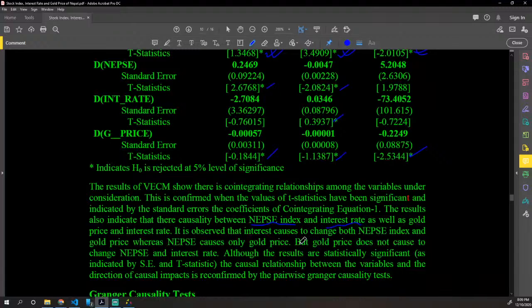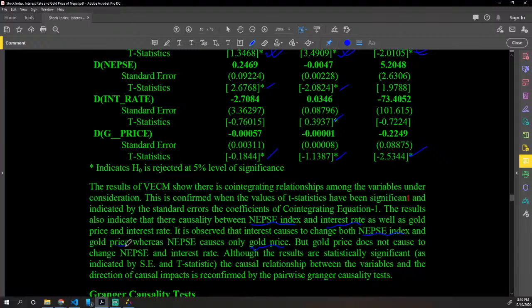So it is observed that interest rate causes change in both the NEPSE index and gold prices, whereas NEPSE causes only gold prices. Interest causes change in the NEPSE index, and gold price basically causes change in both of them, right?